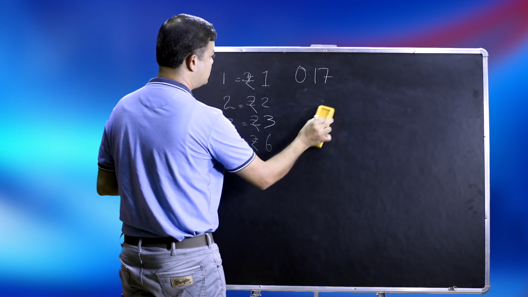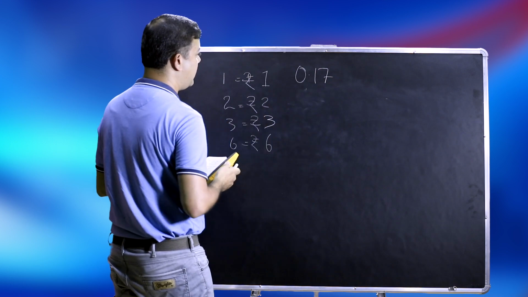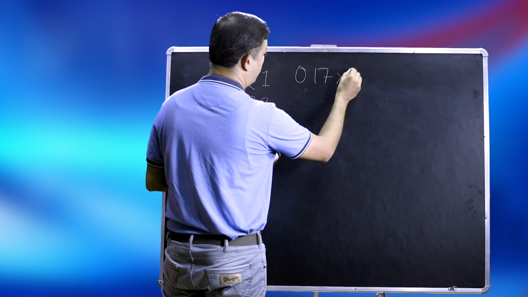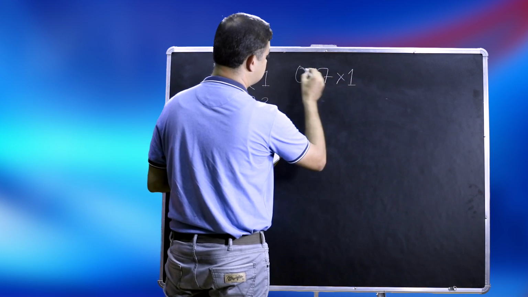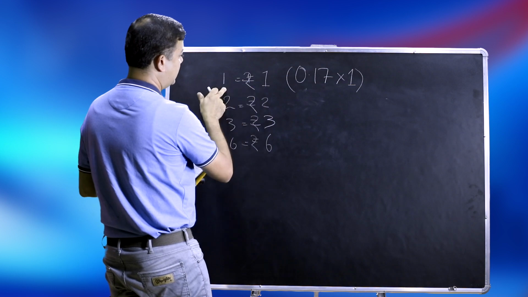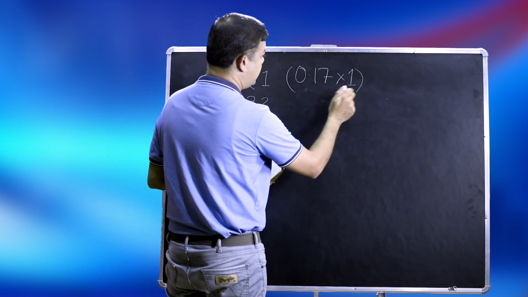So let us calculate. 0.17 multiplied by 1, that is the first one, because you are getting 1 rupee if you get 1.